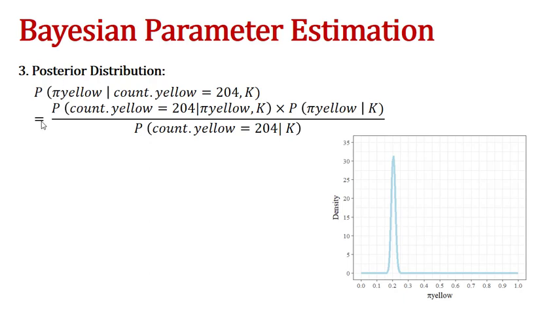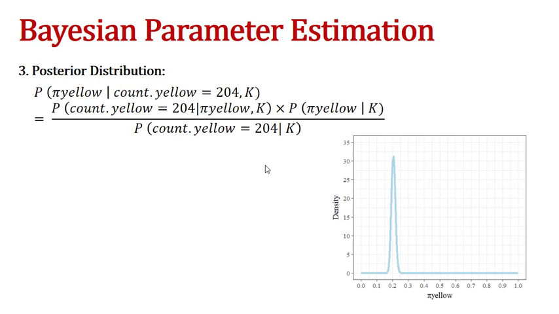That is equal to the probability of obtaining 204 given each parameter value or each pi value, which is what I just showed before, the probability of the data given a parameter. And that is multiplied by the prior, but remember that we gave a 1 for each possible value, so this wouldn't be important because we were multiplying by 1. And then we divide that by the probability of obtaining 204 regardless of the parameter values.